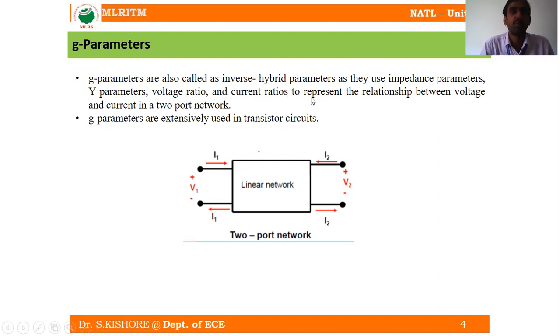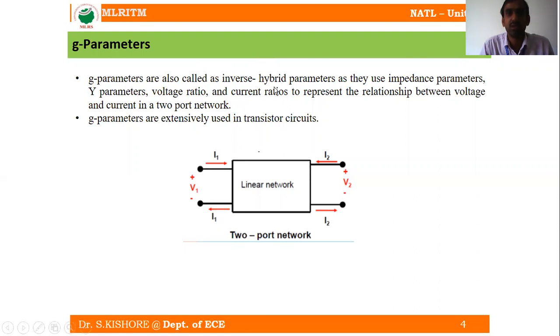There we obtain the relationship between the voltages and currents in a two-port network with the help of the impedance parameters, Y parameters, and the voltage and current ratios. This is known as the hybrid parameters, that is, the inverse hybrid parameters.